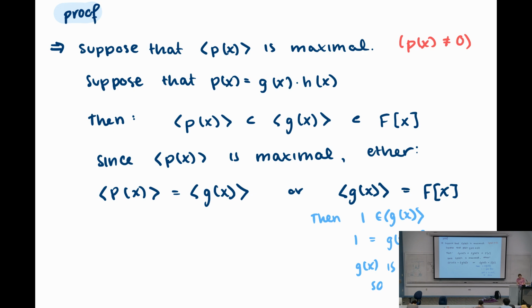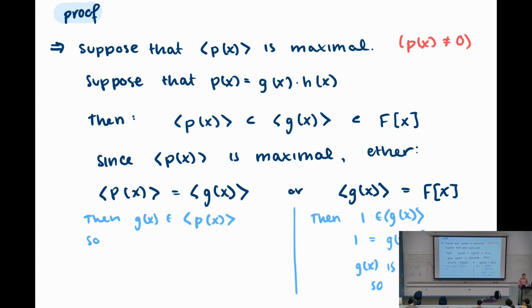Okay, then let's turn to the other case. If these two ideals are equal, then G(x) is actually already contained in the ideal generated by P(x).